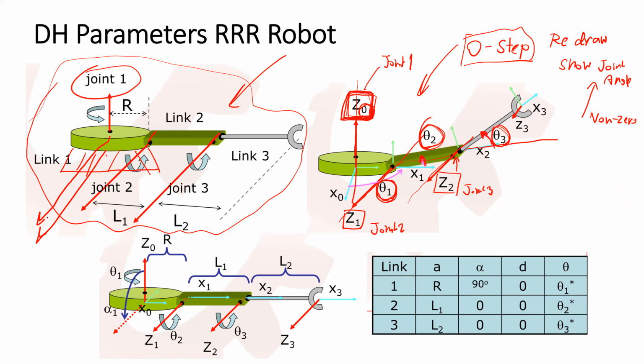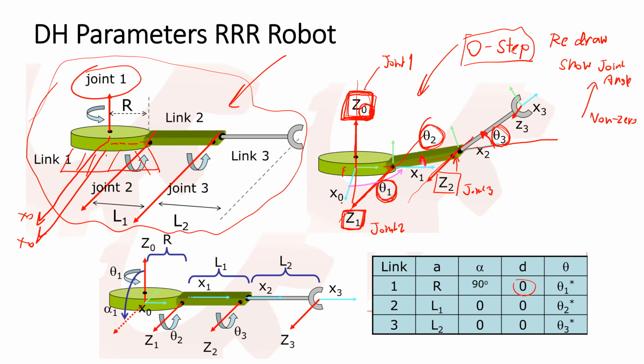We can select X0 anywhere, but if we select X0 at the same height as the level of Z1, we can make the offset become 0. So in this case, we decide to select the x-axis on a level that has an offset from the floor, at the level of the joint axis of Z1.